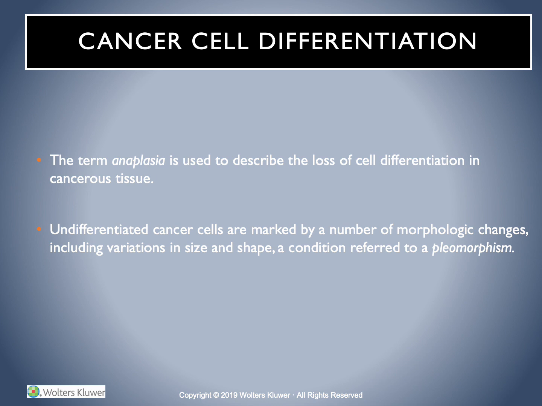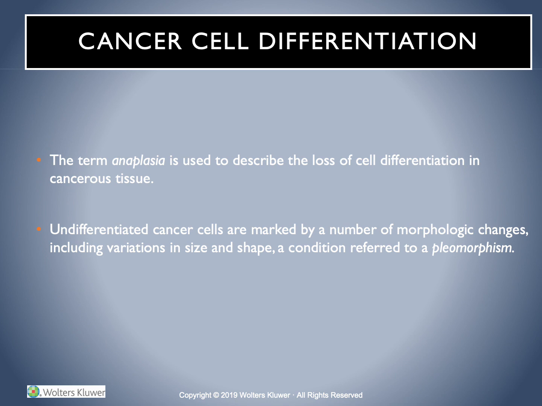Whereas moderately differentiated cancer cells exhibit some degree of abnormality in their structure and function. They may have some features of normal cells, but also display certain characteristics of cancer cells. The degree of differentiation can vary within the tumor, with some areas showing more differentiation than others.